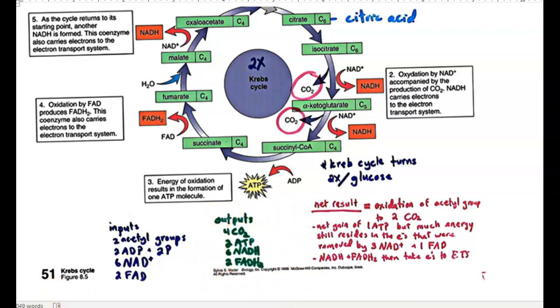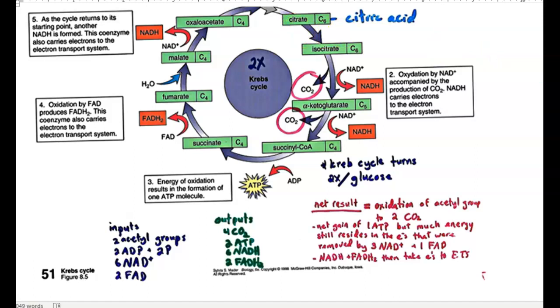Okay, so let's go through again what you need to know about the Krebs cycle. Alright, this is the third stage, glycolysis, then the transition step. The transition molecule, acetyl-CoA, enters the Krebs cycle. Transition step and the Krebs cycle are both in the matrix of the mitochondria. Krebs cycle is also called citric acid cycle because the first molecule that is formed is citric acid.